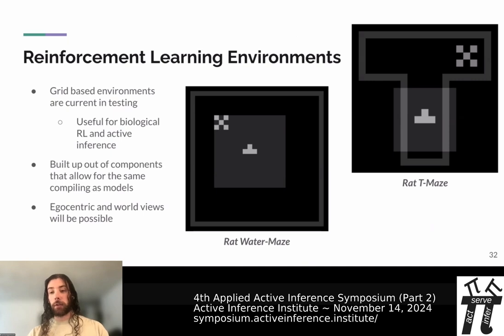What that means is that we can compile the rat T-maze into a C function and integrate it directly with the compiled version of our agent, meaning that at the end of the day, you can do your entire training over your RL environment in C, never having to touch Python. And I will say egocentric and world views are both available. Obviously these are rendering the world view, and the little highlighted section is your egocentric view. Both of them are very easily attainable.